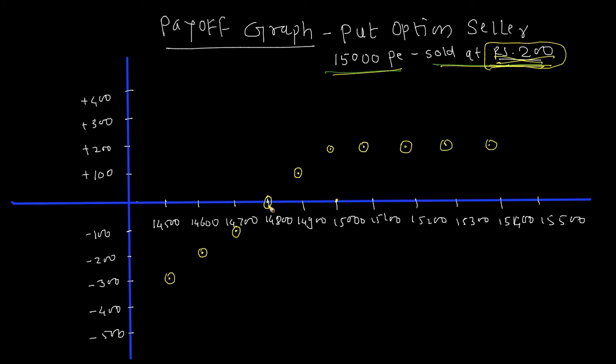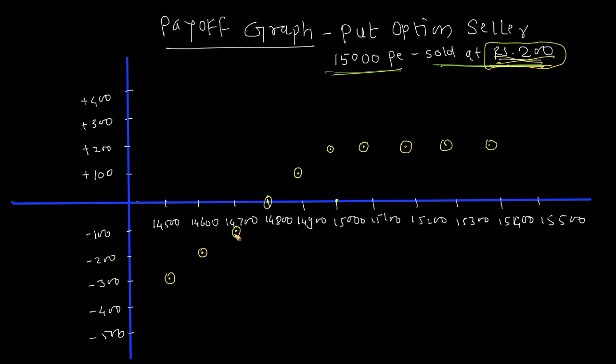Again, if the Nifty is trading at 14,800, this time Mr. Tom will have to buy Nifty at 15,000. His loss will be 200 rupees from here, and already he has got premium of rupees 200, so his net profit or loss will be 0. Now when the Nifty goes to 14,700, Tom will be a little worried because he has to buy Nifty from the person, Mr. Jerry, at 15,000, right?